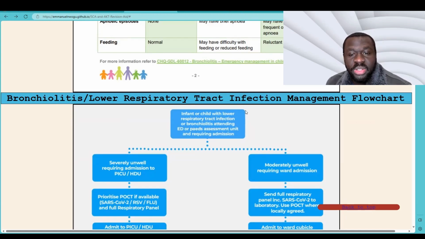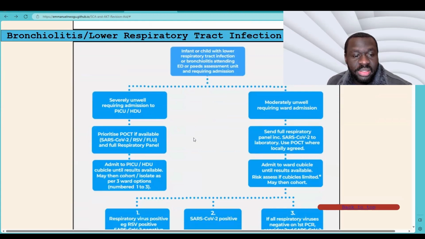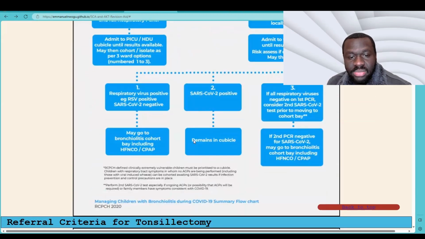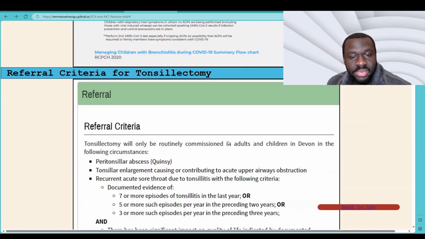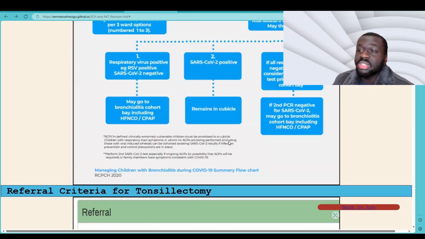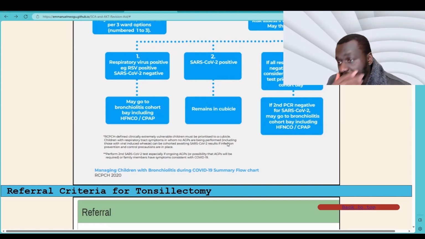Still on bronchiolitis, lower respiratory tract infection management. Essentially, it's just supportive management with fluids, ensuring fluids orally or intravenously. Usually no antibiotic if you think it's clear cut bronchiolitis. If you're thinking there's a superimposed bacterial infection, then antibiotics, but typically not.